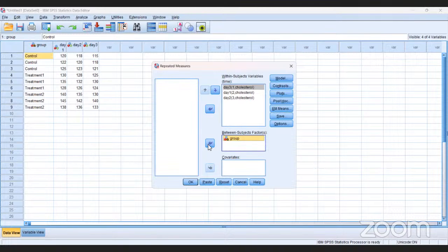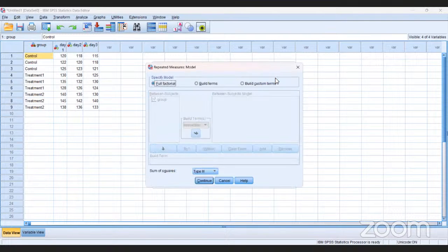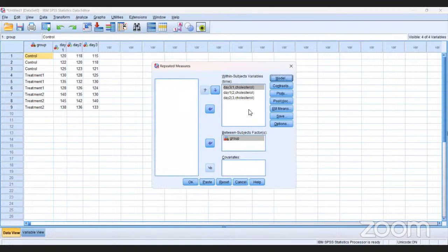After that, you will click the model. You have checked this is the full factorial model. Next is continue. Next you click the plot.